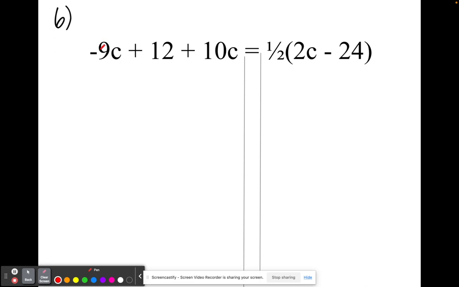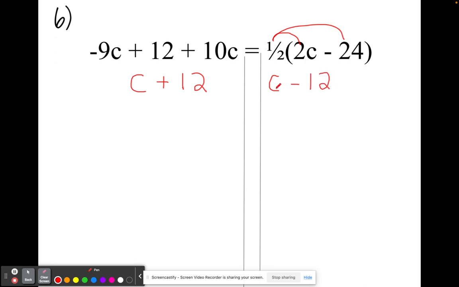One more. Negative 9c plus 10c will give me 1c, which I can write as c plus 12. On the other side, half of c is 1c. Half of negative 24 is negative 12.